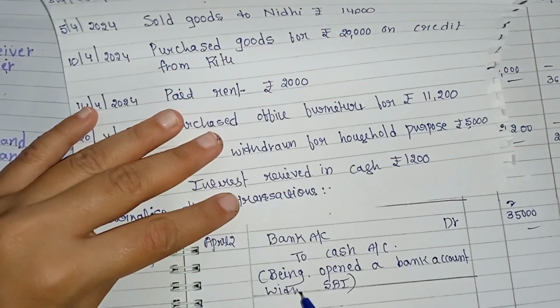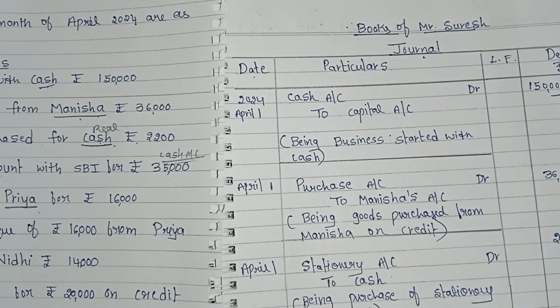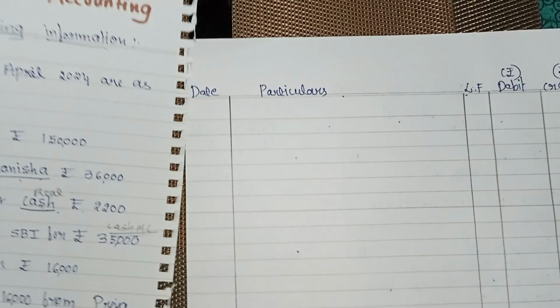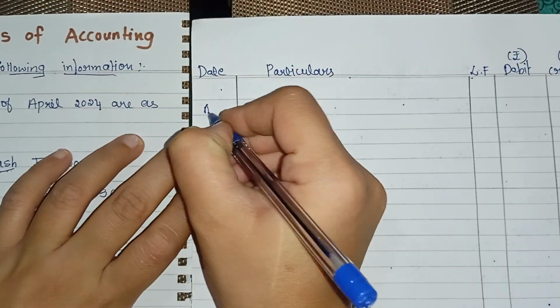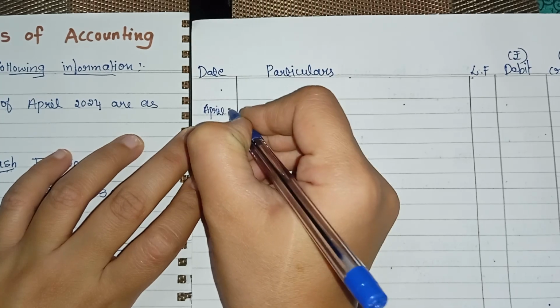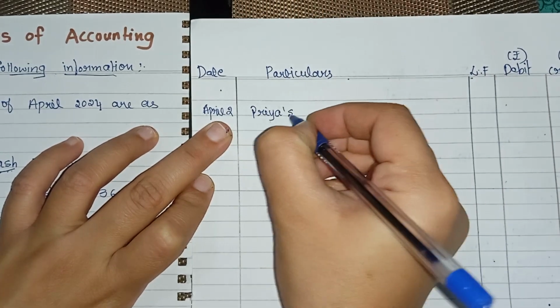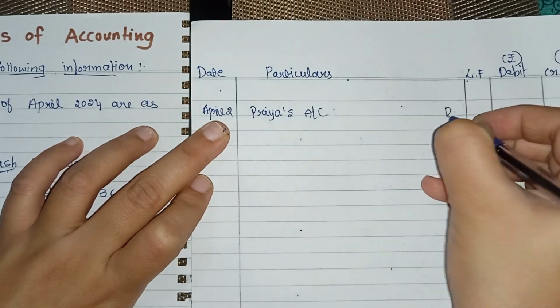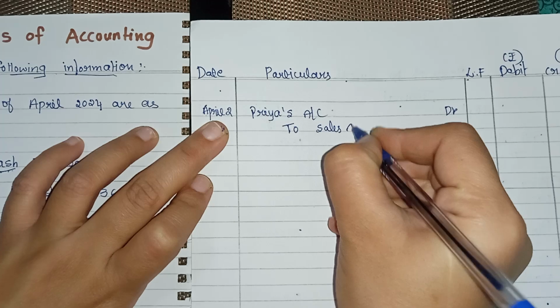So, April 2nd, Priya's account debtor to sales account.